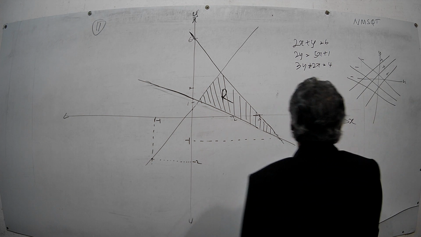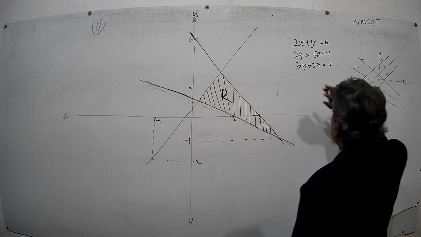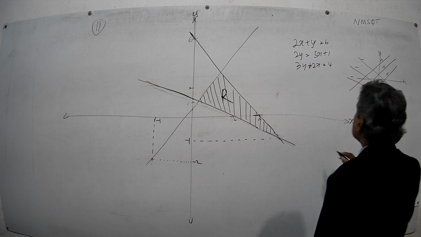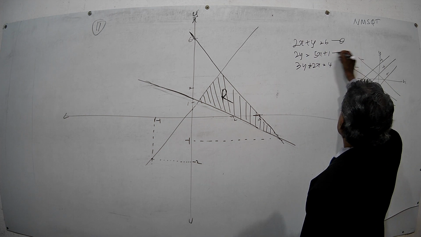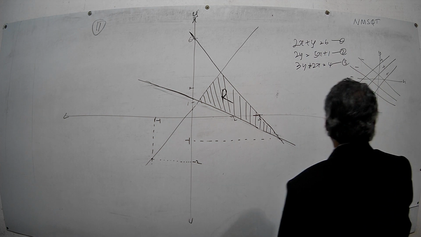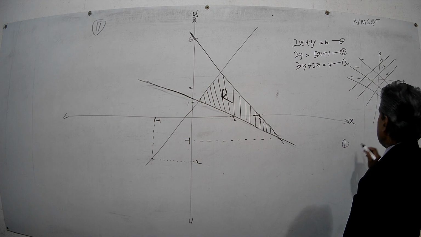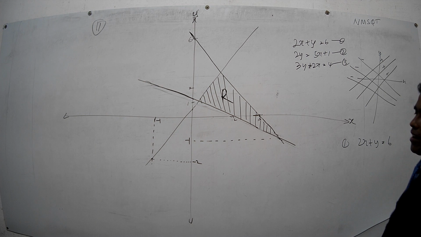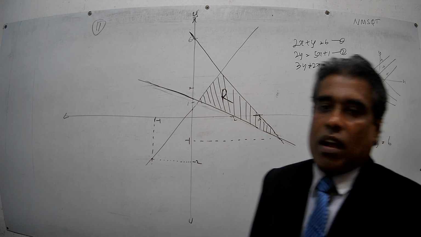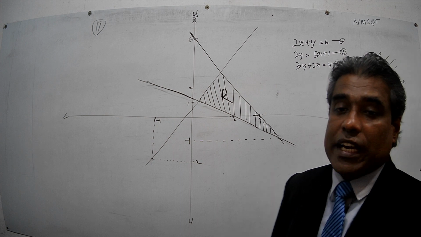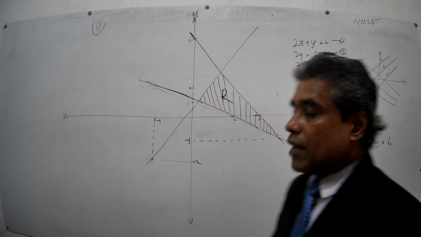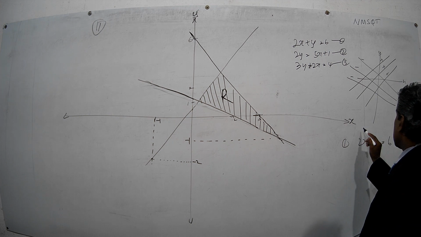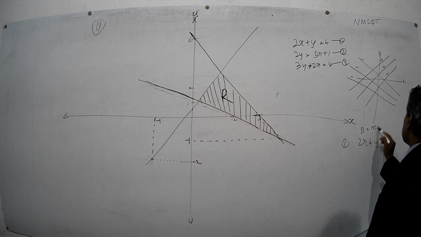To find that, I will take equation 1, 2x plus y equals 6. Then we can have an idea about the gradient by making y the subject. You adjust this into the general form of equation, y equals mx plus c.